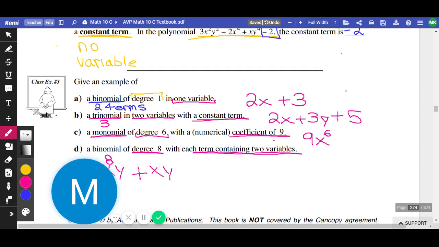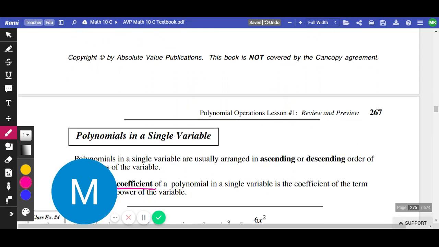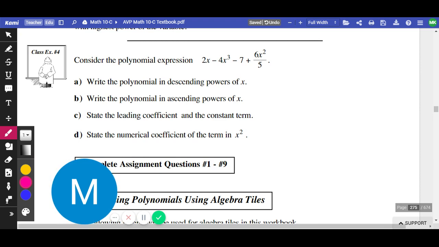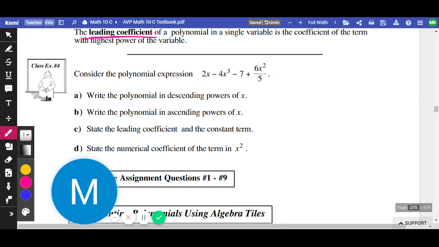The best way to figure out your leading coefficient is to write your polynomials with the highest exponent first. All right, and we call that descending powers. Right? So it says write as a descending power. That means highest exponent first, then go down from there.